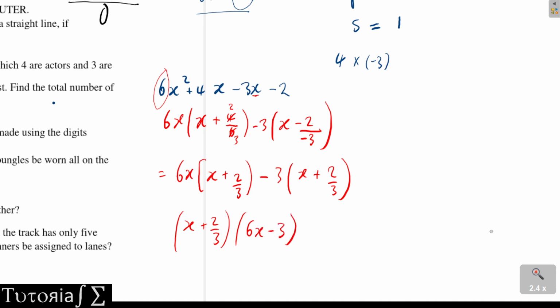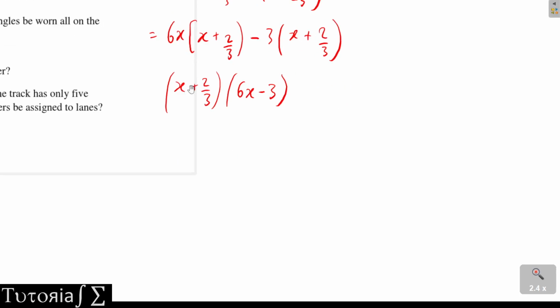Okay, so here the other factors are x plus 2 over 3 and 6x minus 3. So these are the other two factors. So if we want, we can write this as, we can factor out a 6 there, so that when the 6 is factored out from this, we're going to remain with x minus 3 over 6.